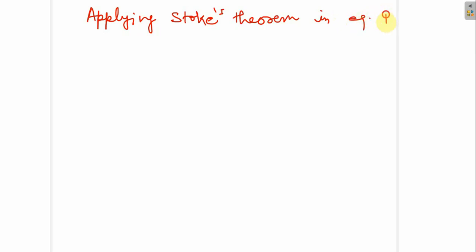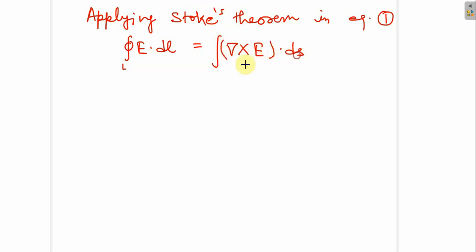So in equation 1, E dot dl can be written as the curl of E, a surface integral, dot ds, for the surface S. So if E dot dl is 0 for the closed path, then this must be 0, because it is equal to this through Stokes theorem, and it is also 0.